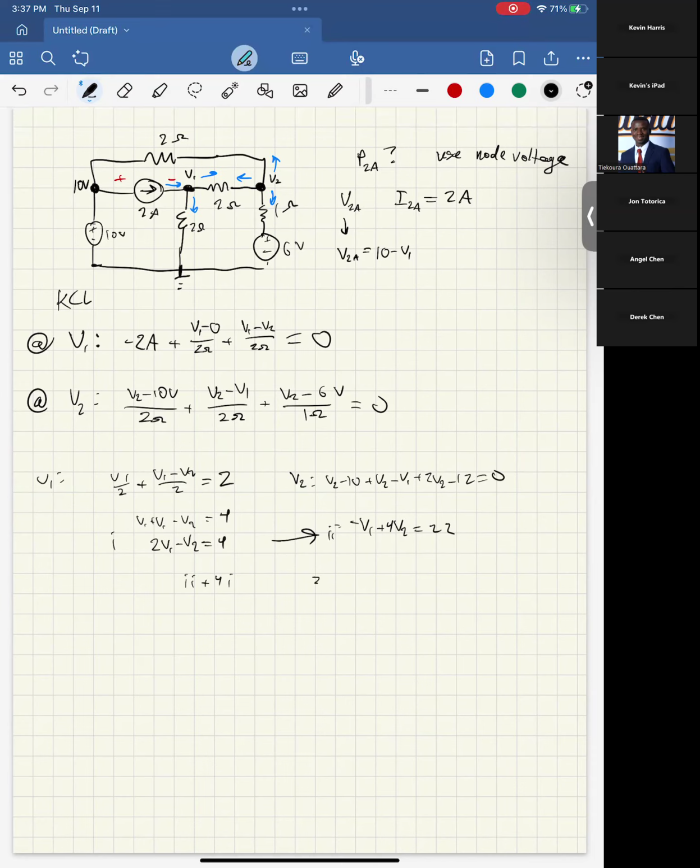So we'll get minus V1 plus 4V2 equals 22, and then we add that to 8V1 minus 4V2 equals 16. You get 7V1 equals 38. And then V1 will be about 5.43 volts.